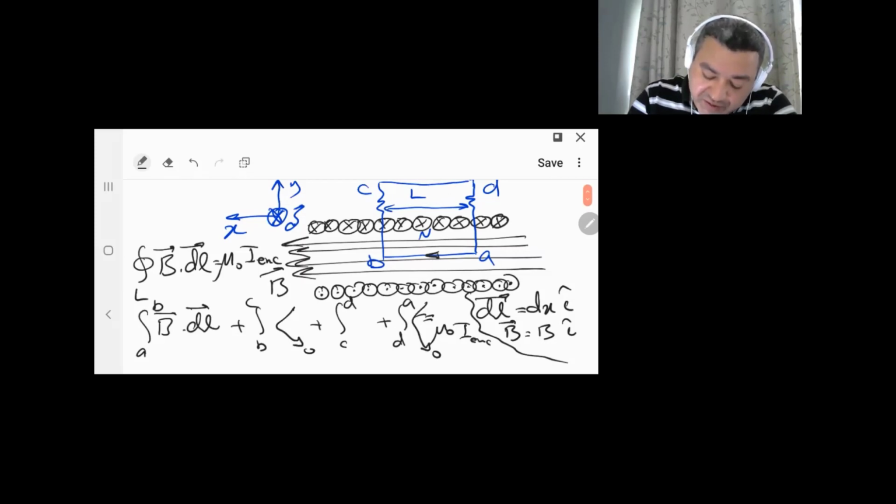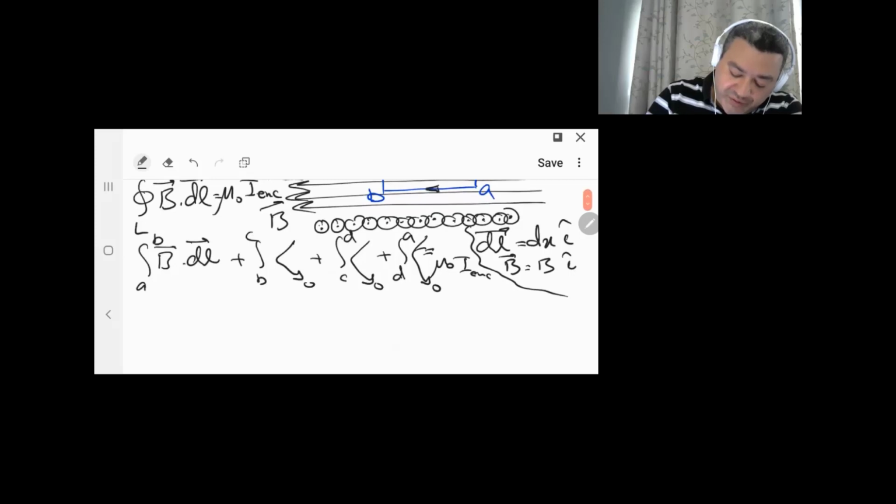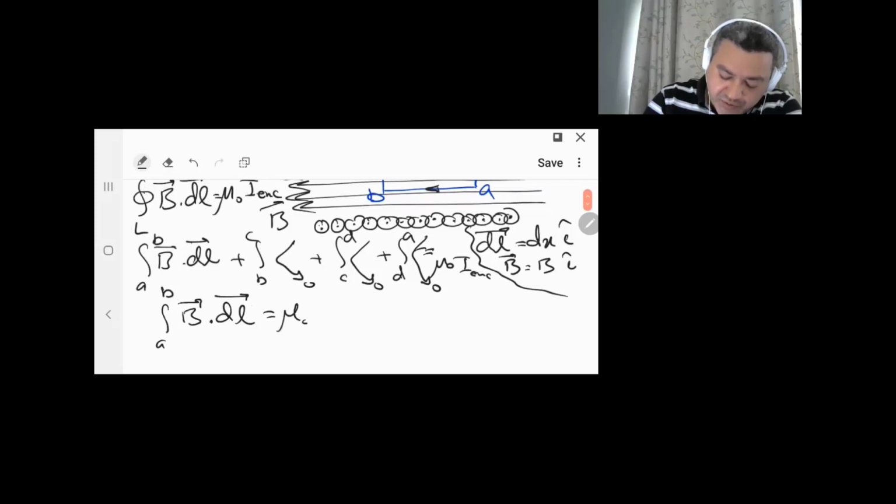Now, what's left is the magnetic field outside here. We said that the magnetic field outside the solenoid is also 0 based on the derivations from last lecture, so we will make this one 0 as well. So we ended up with the following equation: integration from A to B for the magnetic field dot the differential element equals mu naught I enclosed.